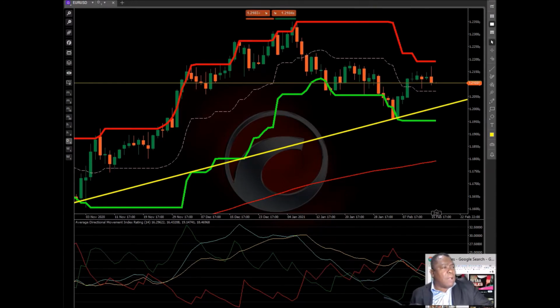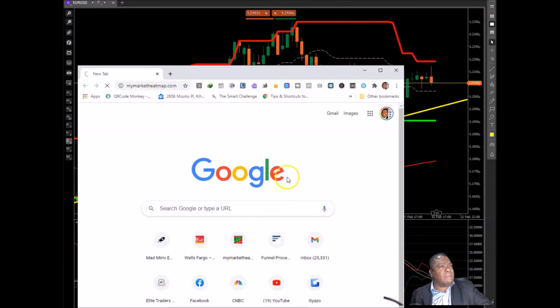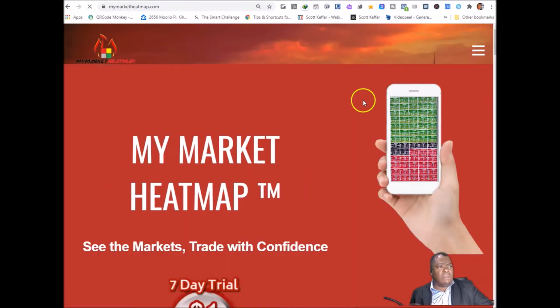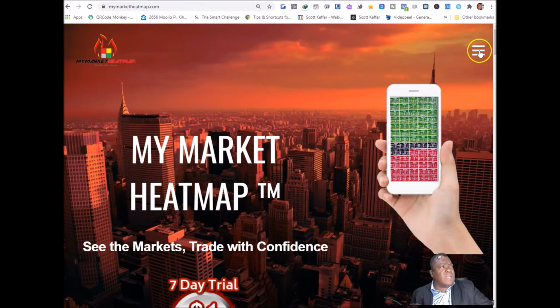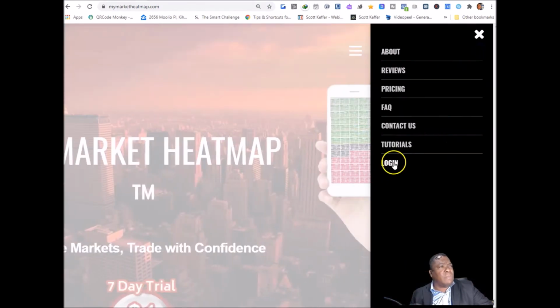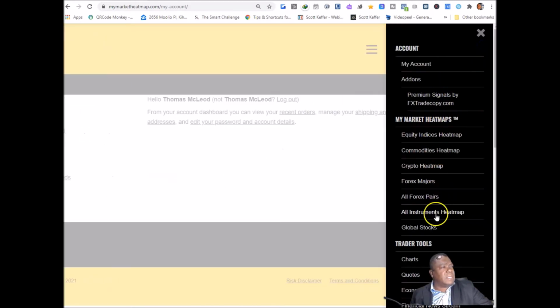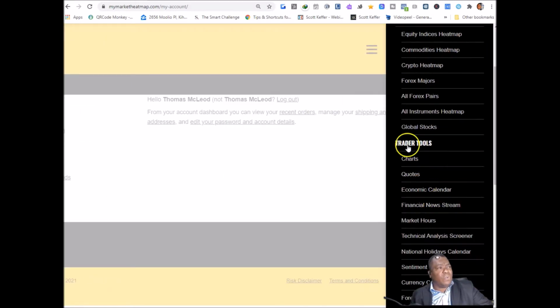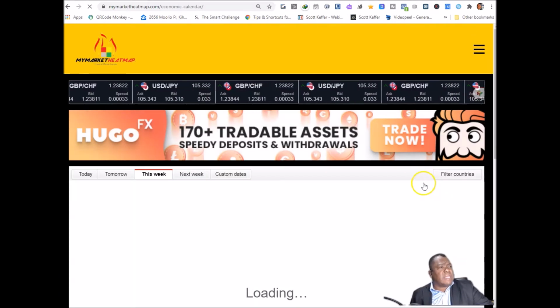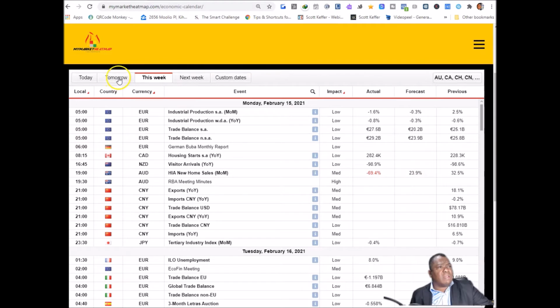I want to go to my market heat map, which is our all-purpose tool for not only finding the short-term trend direction, but there's also a bunch of trader tools. I'm going to look at the economic calendar, okay? And the economic calendar will tell us what's going on for tomorrow. We can go ahead and click that.